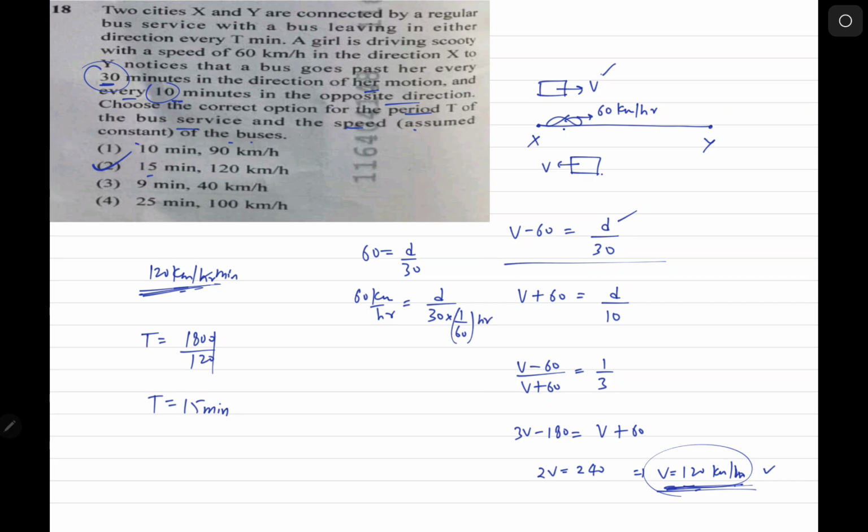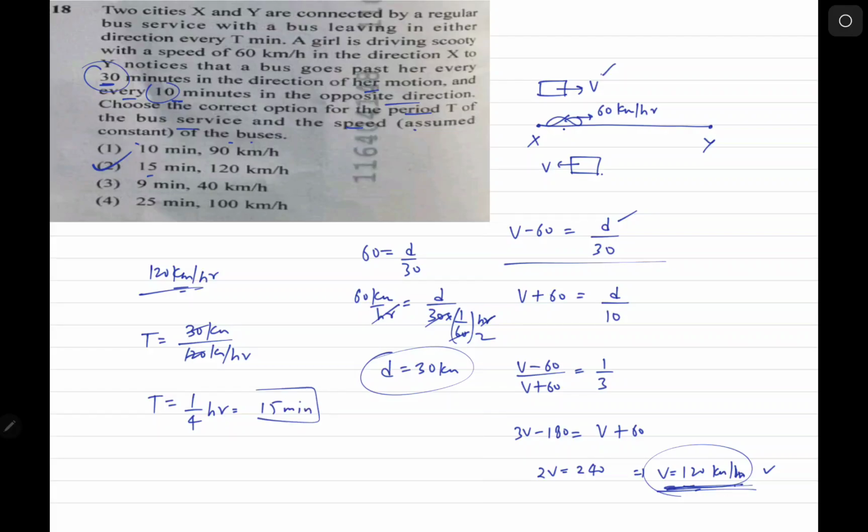Now hour cancelled, so d is coming as 30 kilometer. So 30 kilometer is the distance, fine. Now time is equal to distance 30 kilometer upon speed, kilometer per hour, which is coming as 1 by 4 hour. So that is again 15 minutes.